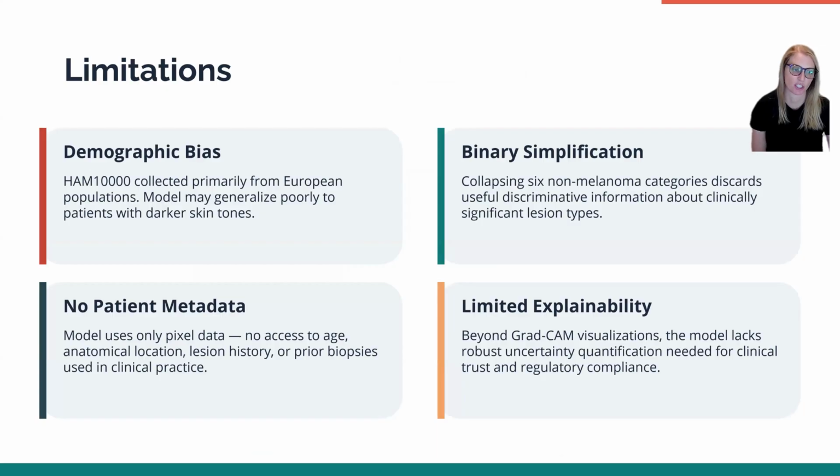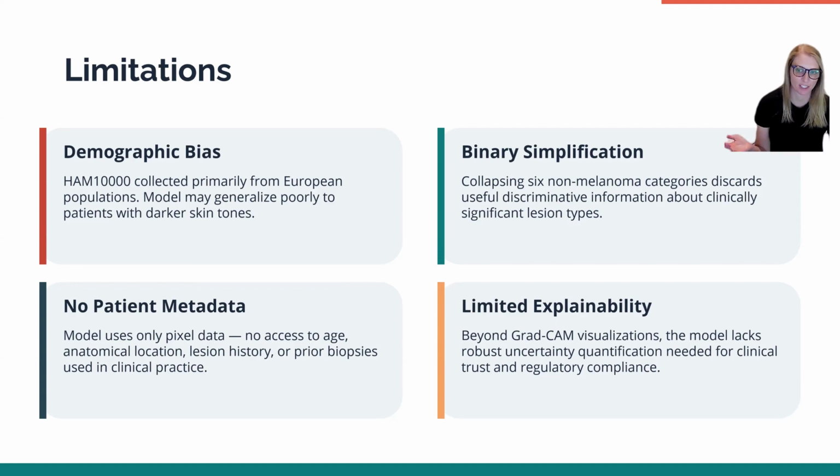So some of the limitations to this project is the demographic bias. Most of these dermascopic images were collected from European populations, so the model may generalize poorly to patients with darker skin tones. And this is actually very clinically significant for African Americans. We oversimplified it.